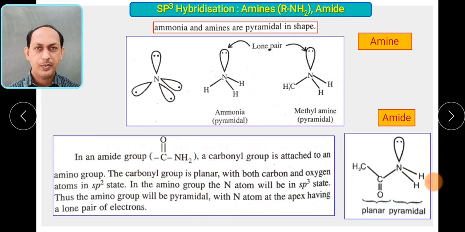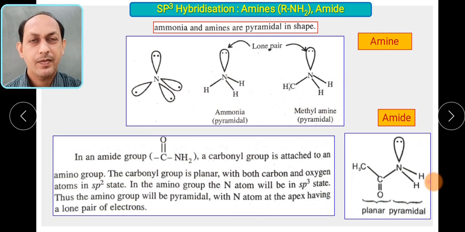Whatever amino group is present, let us say in amides, it is also in a pyramidal shape, with nitrogen having a lone pair of electrons at the top side. So remember, compounds containing nitrogen such as amines and amides also have nitrogen in the sp3 state, with bond angle around 107 degrees.